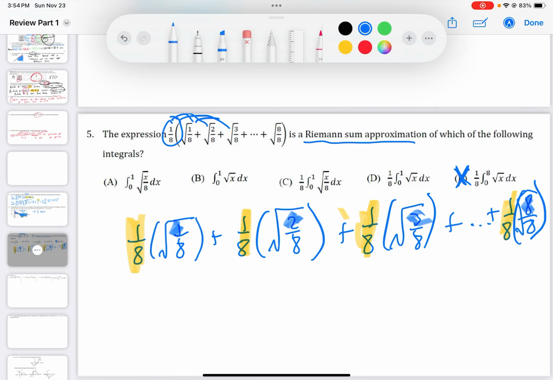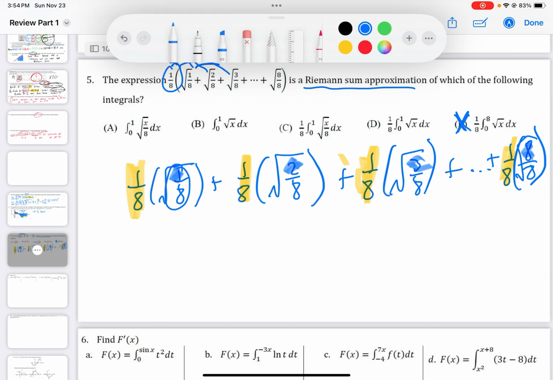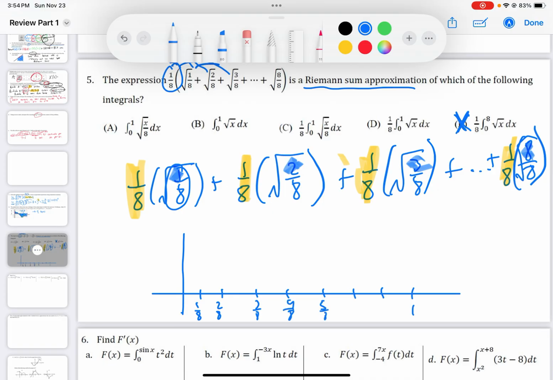So what is the function value that they plugged in here, right? So Riemann sums, if I had, here's my x-axis and my y-axis. So 1, 2, 3, 4, 5, 6, 7, 8. Pretend those are supposed to all be the same. This is 1. This is 1/8, 2/8, 3/8, 4/8, 5/8, 6/8, 7/8.